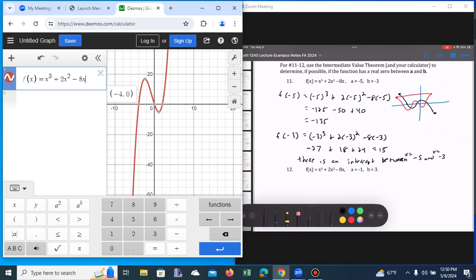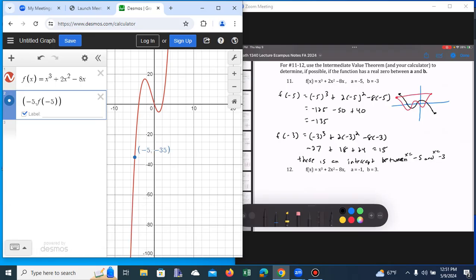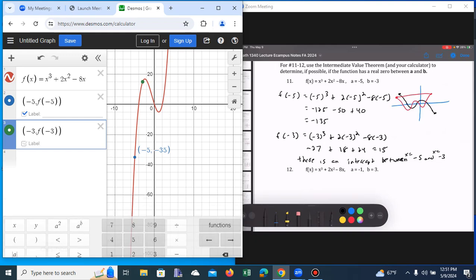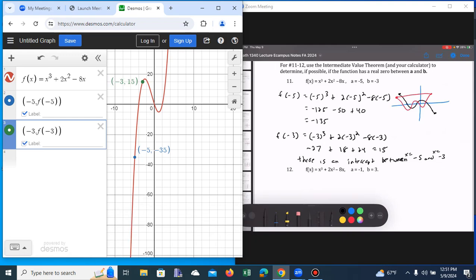We see at -4 there's a zero. -3 is over here, and -5 is over here. I can actually plot these. (-5, f of -5) down here, and (-3, f of -3) is up here, and the zero is (-4, 0).